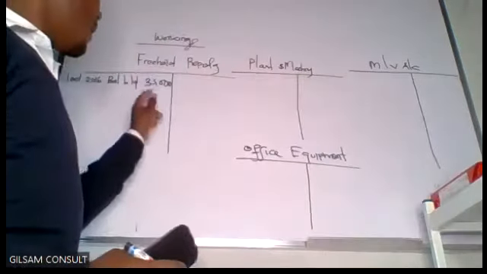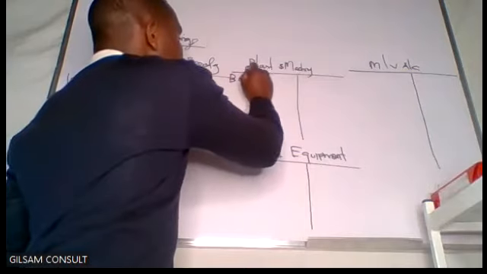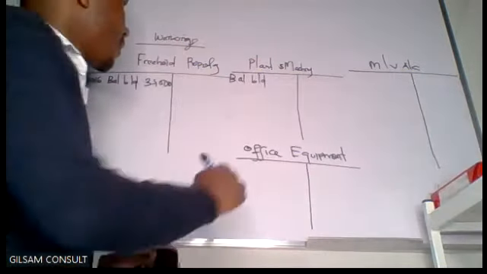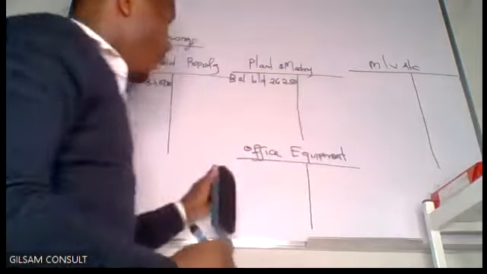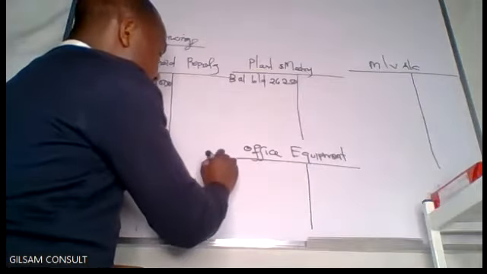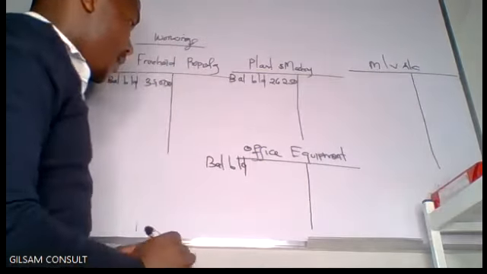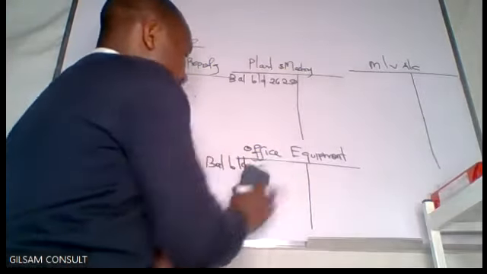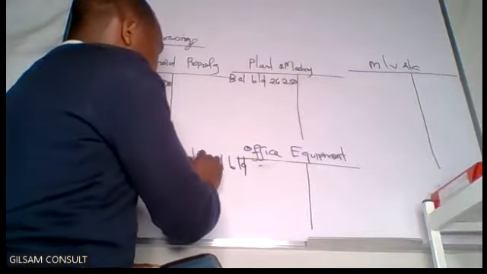The next one, plant and machinery, balance brought down ni ngapi? We have 26,050. Office equipment, balance brought down ni ngapi? 5,050. And make sure you are noting the date because of our pro rata, right?